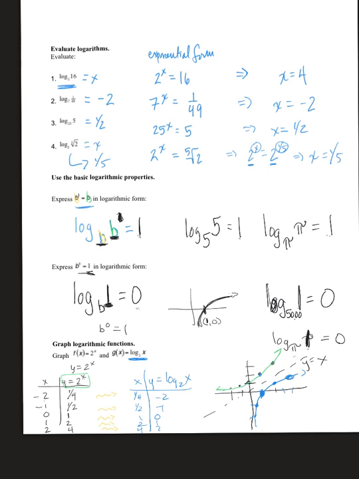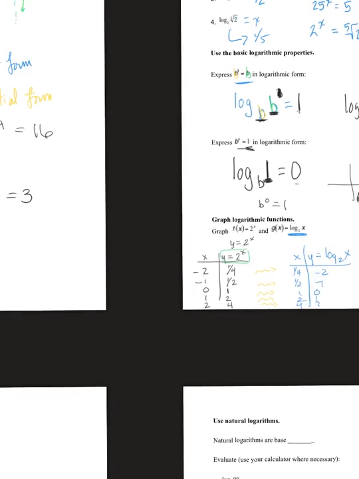So that is one way you can graph a basic logarithmic function. I can look at the corresponding inverse of that, the exponential function, by doing the conversions. I could graph the exponential function, interchange my domain and range, and then I have the graph of the corresponding logarithmic function.